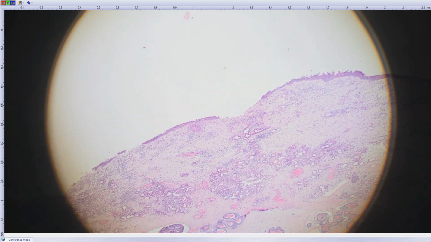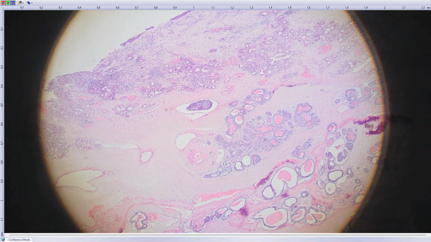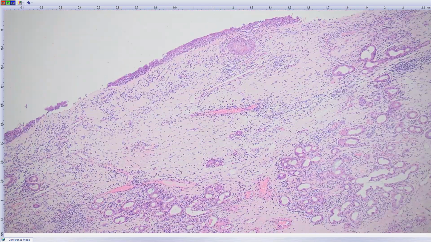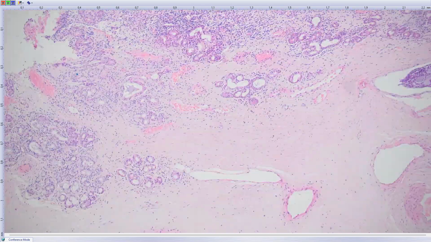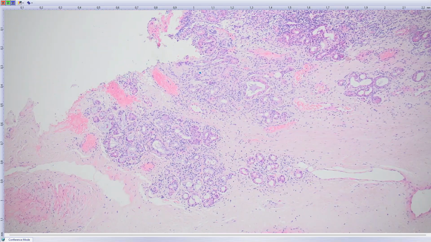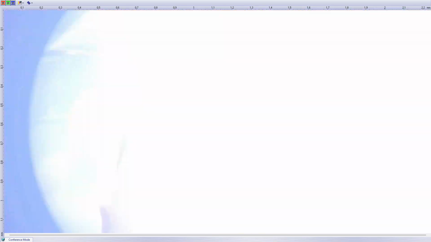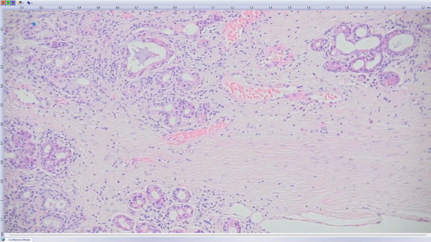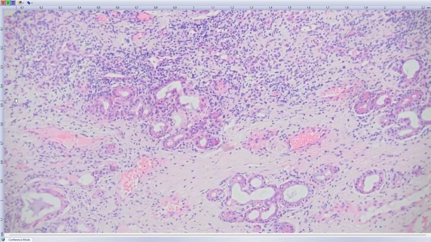What you can see here are seromucinous hamartomas. For example, here you can. And these seromucinous hamartomas are changing into atypical forms, like you can see here.